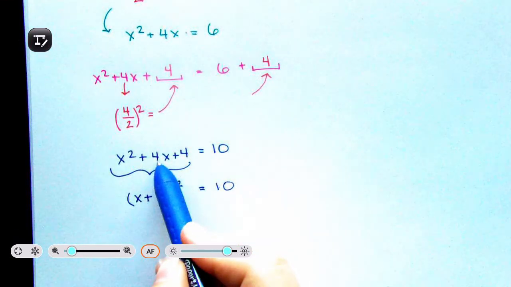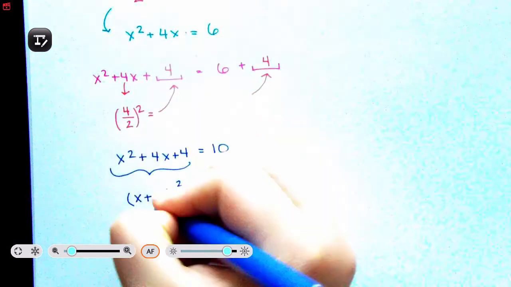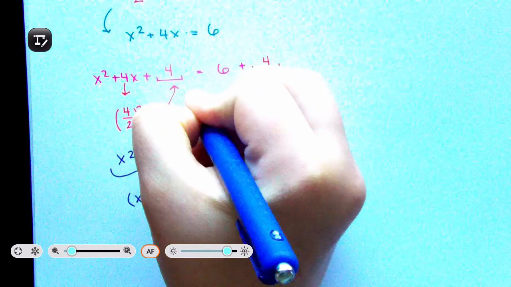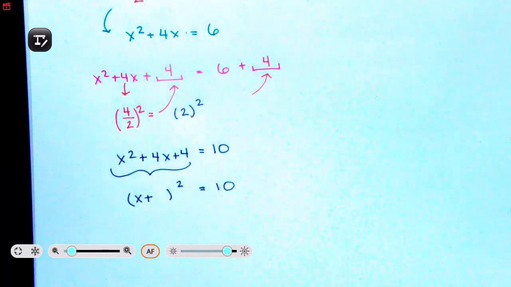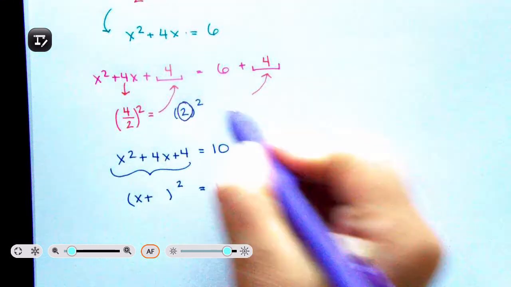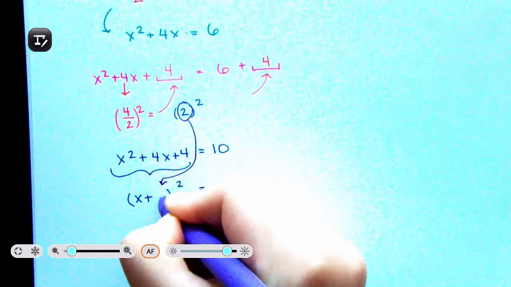So two numbers multiply to get 4 but also add to get 4. Again, the value that you're putting here is always going to be that number before you squared it. So whatever this number was before you squared it to put it here for 4, that's what's going to go in here.